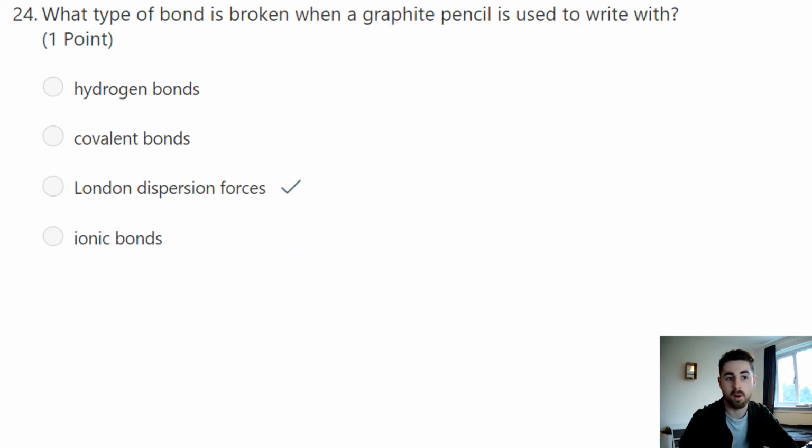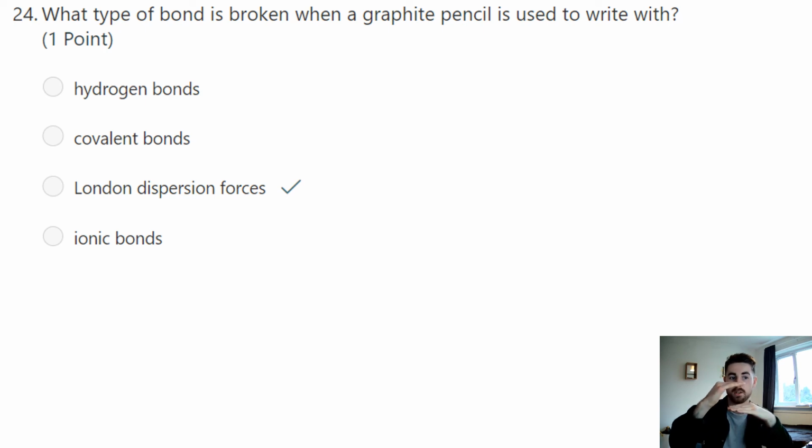Graphite is a covalent network structure, but as opposed to diamond, which is a three-dimensional structure, in graphite what you have is sheets of covalent networks. So they move along as kind of planes, and between these sheets of covalent networks you have London dispersion forces.